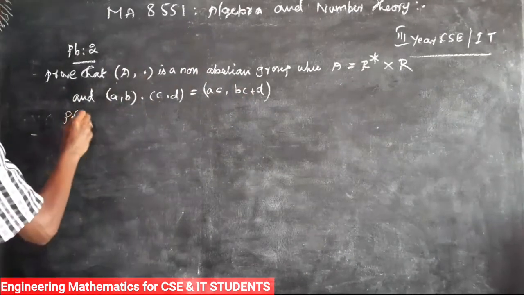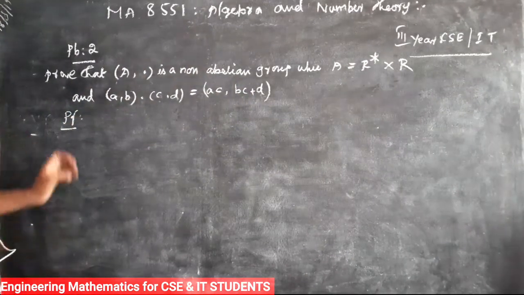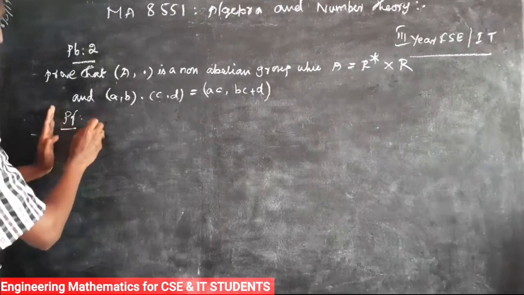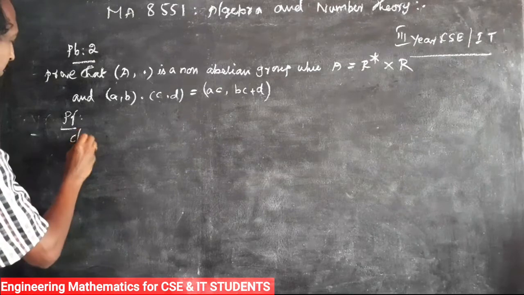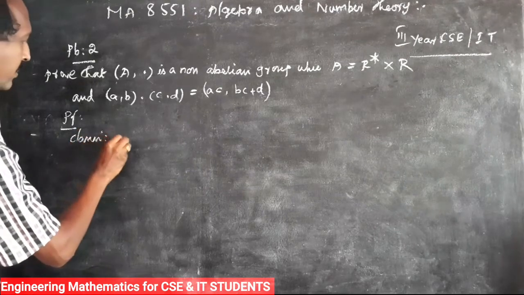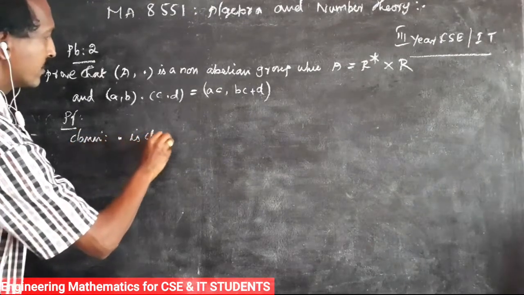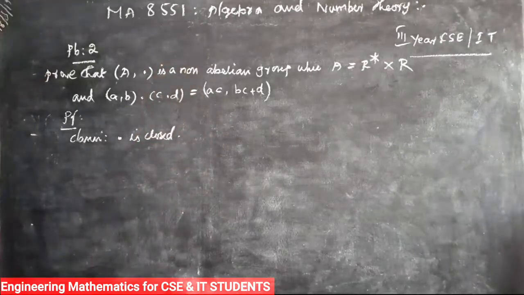So let us prove. First we check dot is closed. Claim: dot is closed. We take any two elements.